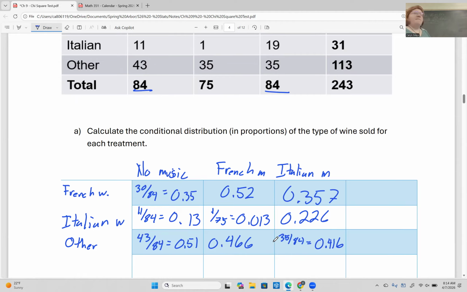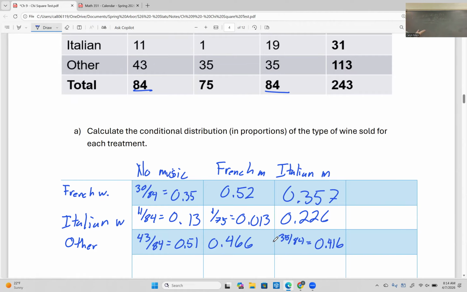And then with the chapter 2 ideas, we often looked at this and asked, what general types of conclusions are we seeing? By and large, it does seem like there's a degree to which music is affecting purchases, especially when we look at French versus Italian.